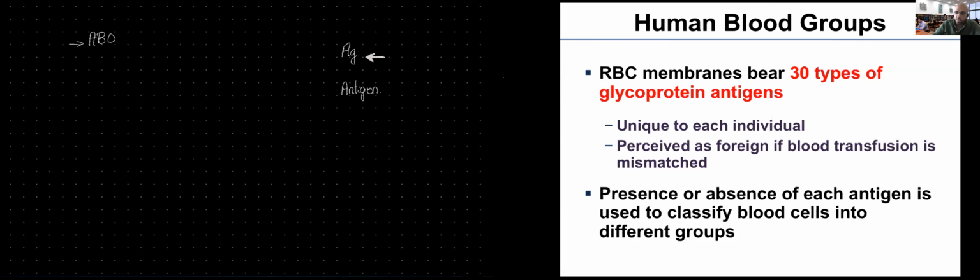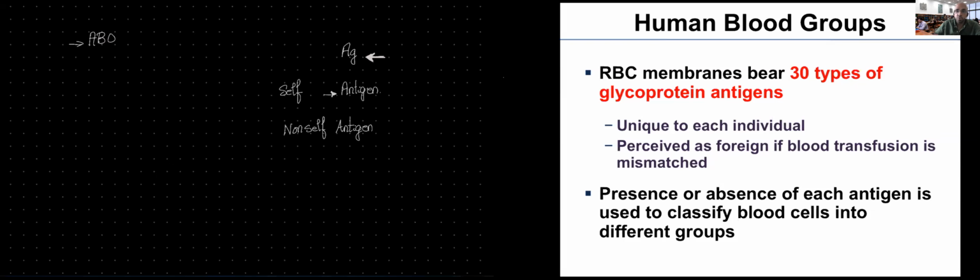And this is how your body recognizes itself. So my cells are capable of recognizing other cells in the body, that those are mine and not coming from outside, because they are presenting on their surface self antigens. If you give me cells that don't belong to me, my immune system will recognize that this is a non-self antigen and it will start to attack it.